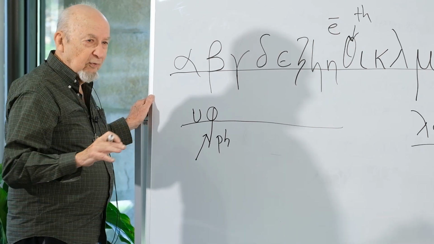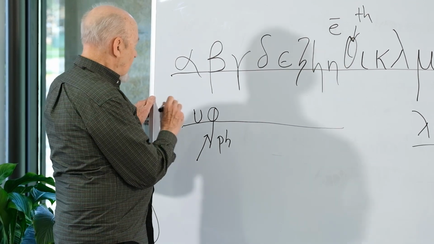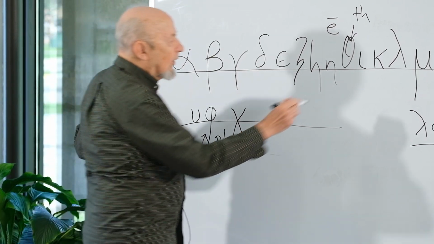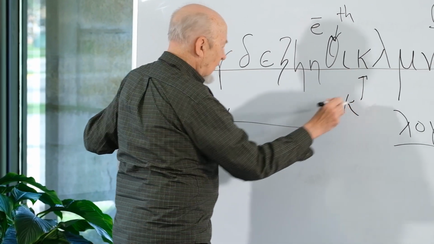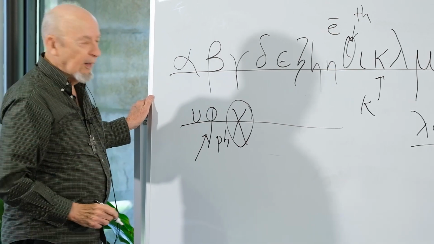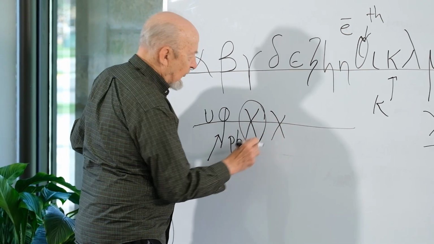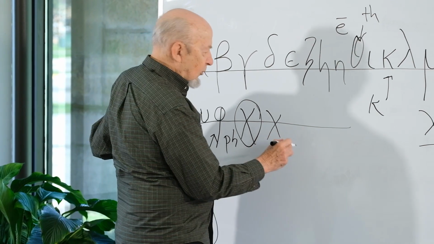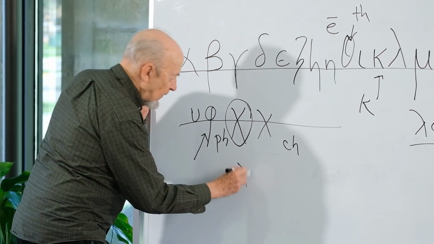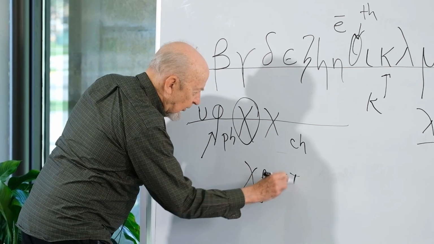It does have a breathing mark. We'll get to that later. Phi, chi. Now, Greek has the kappa, which is a K sound. It has the chi, which looks like an X that sort of falls under the line. It's not an X, it's a CH sound, a hard CH, as in Christos.